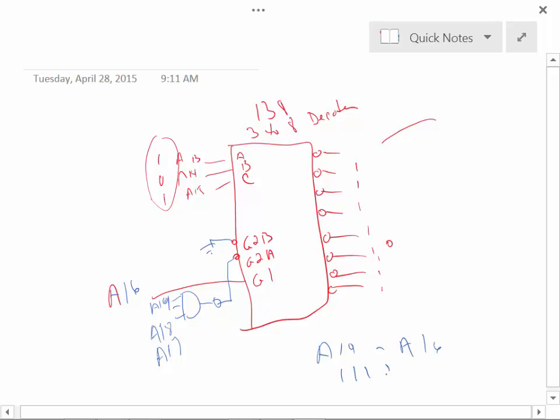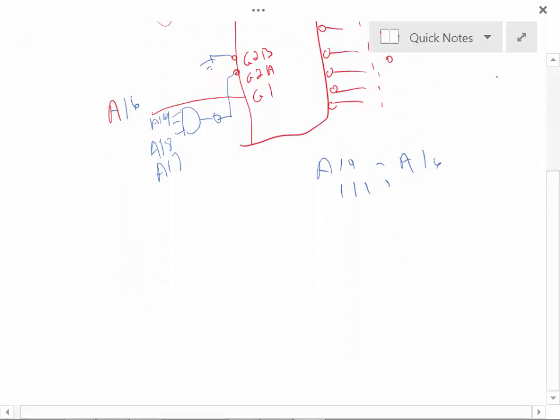That's the way this is configured right now. Your problem is now I said I don't want that. I now want this thing to go from 0, 1, 0, 0 right there.